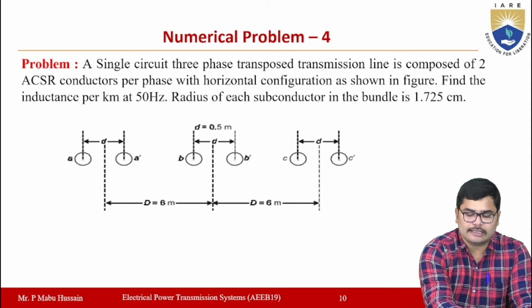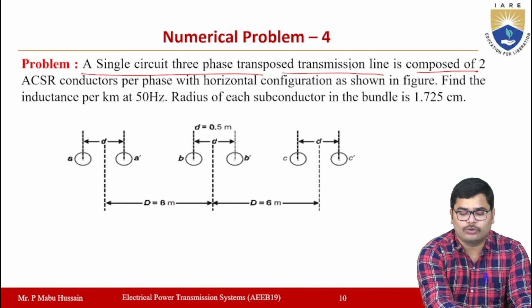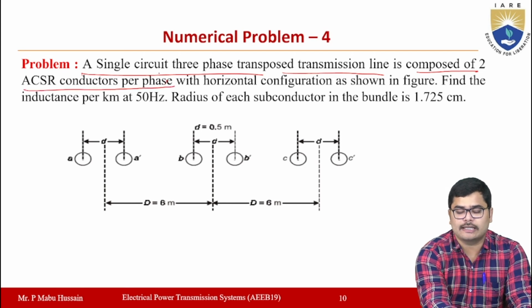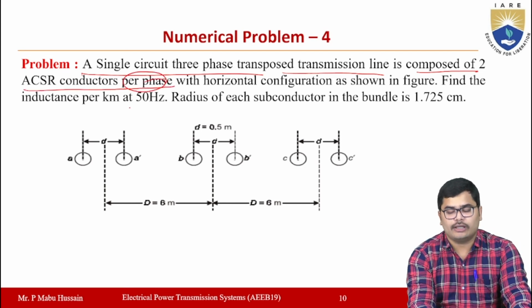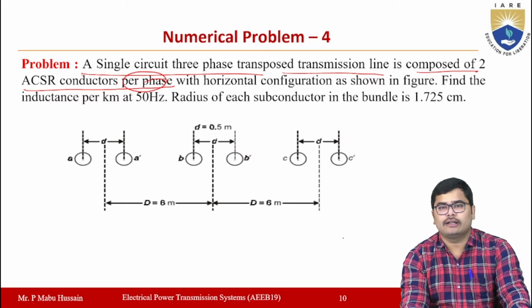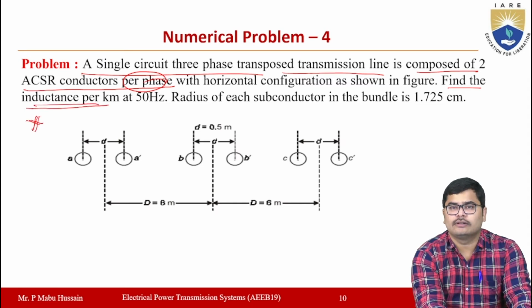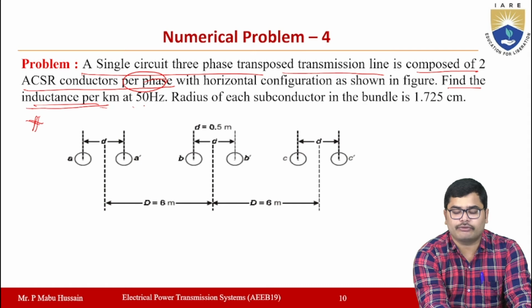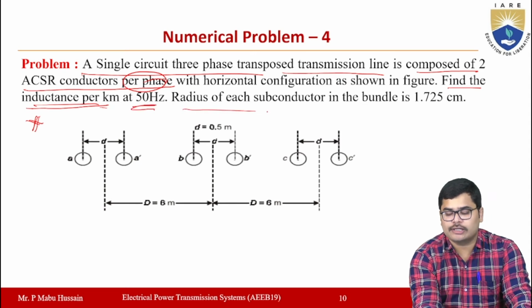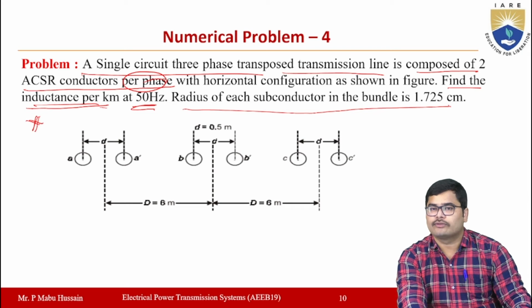A single circuit three-phase transposed transmission line is composed of two ACSR conductors per phase, with the horizontal configuration shown in the figure here. Find the inductance. Here they are asking for the inductance per kilometer at 50 Hz, and the radius of each subconductor in the bundle is given as 1.725 centimeter.